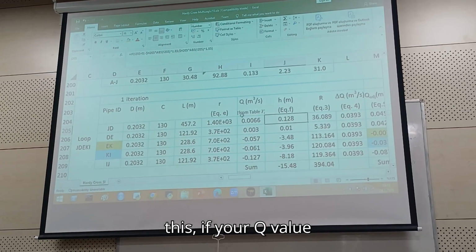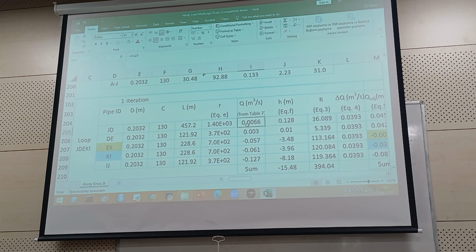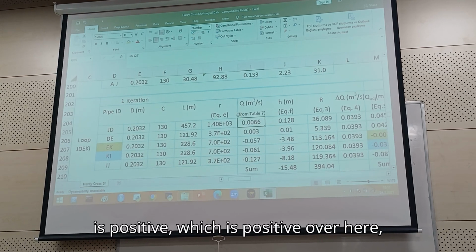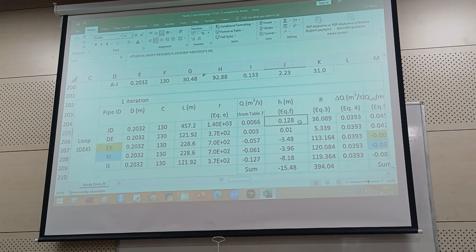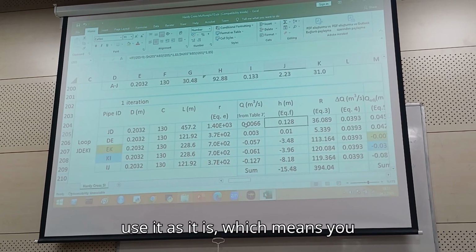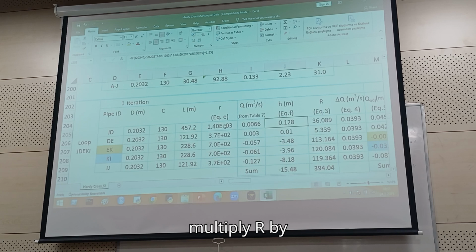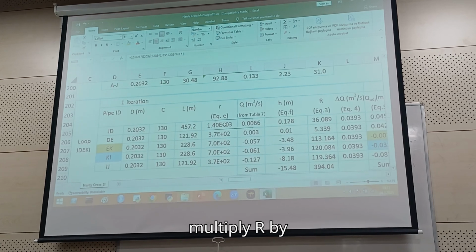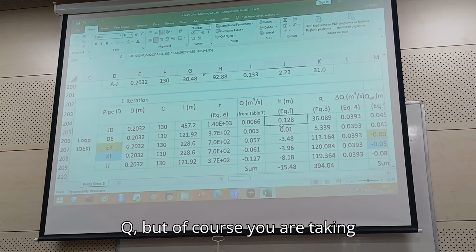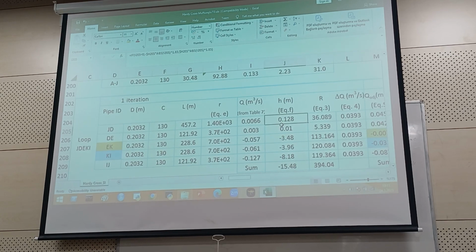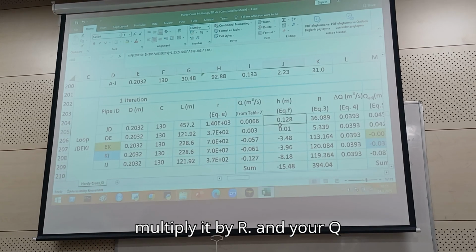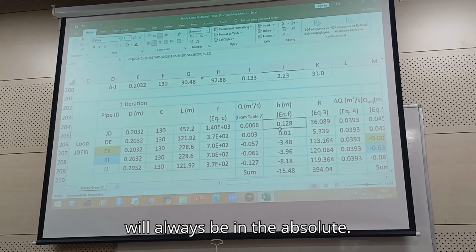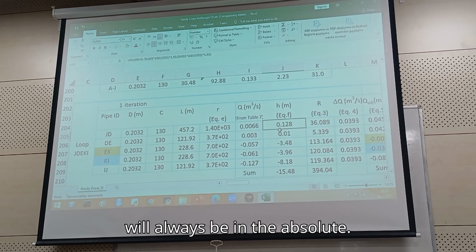If your Q value is positive, friends, you directly use it as it is, which means you multiply R by Q, but of course you are taking the 1.85 power of Q before you multiply it by R, and your Q will always be in absolute, okay?